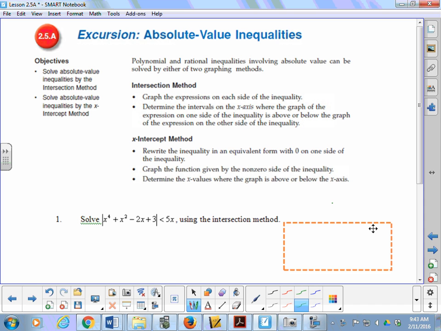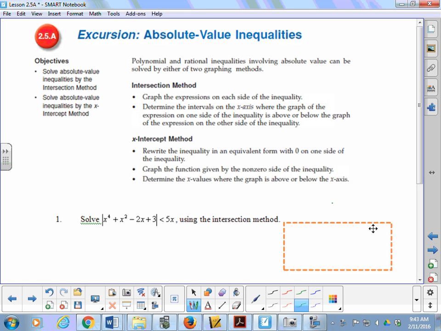Today we're going to go on an excursion to absolute value inequalities. Polynomial and rational inequalities involving absolute value can be solved by either of the two graphing methods, right?